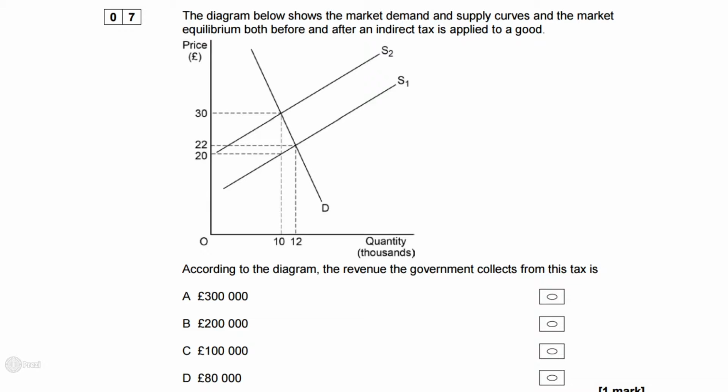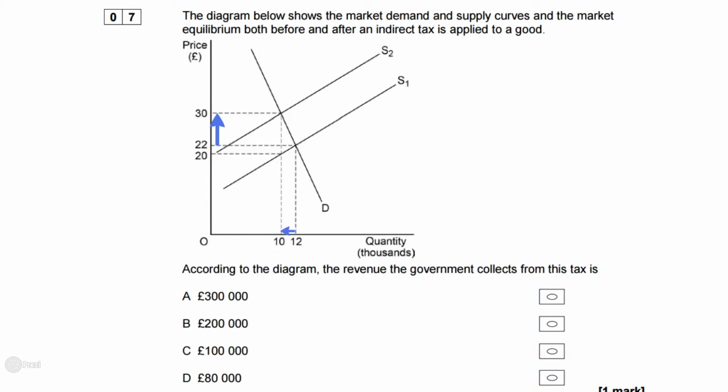So the tax is placed on the suppliers. So the supply curve shifts to the left or upwards by the amount of the tax, from S1 to S2. We see that this causes the price in the market to rise from 22 to 30 and the output to fall from 12 to 10.